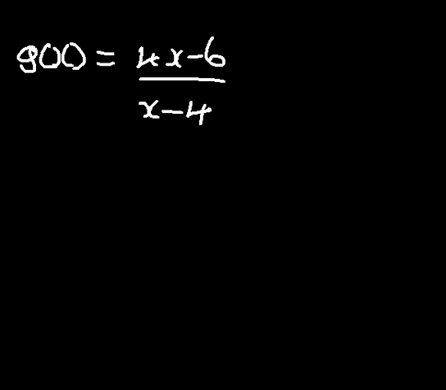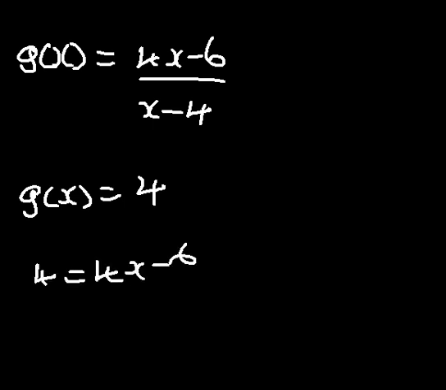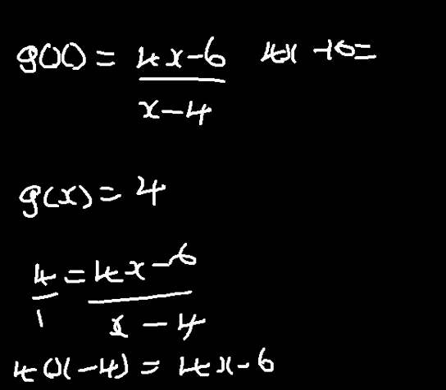Now let's see another case. Let's say g of x is given as 4. What is the value of x if that's the case? Which means 4 is the output of the function. So in this case we'll have 4 equals 4x minus 6 divided by x minus 4. The principle remains the same. Cross multiplication gives 4 times x minus 4 equals 4x minus 6, which is the same as 4x minus 16 equals 4x minus 6.